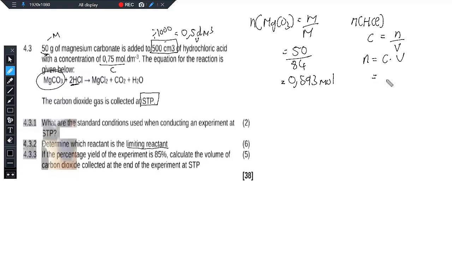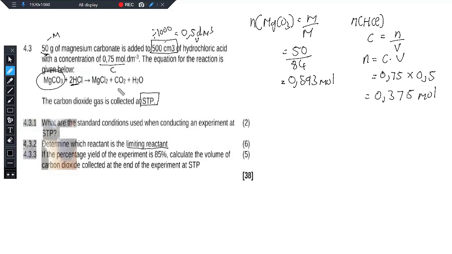Then this is 0.75 multiplied by 0.5, right? The volume. And then we punch that into our calculator, that's 0.375 mole.